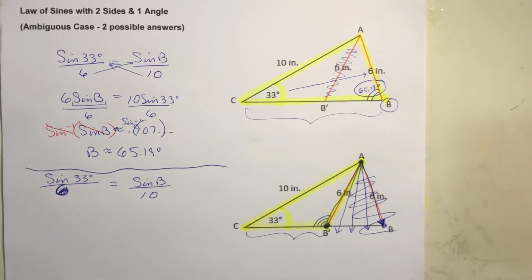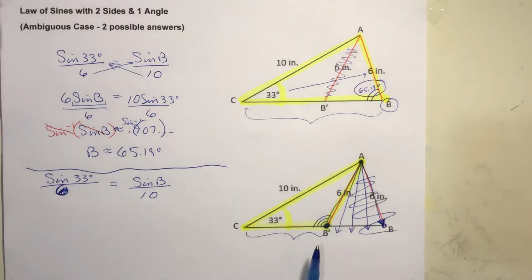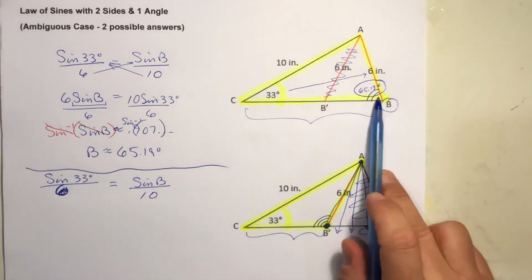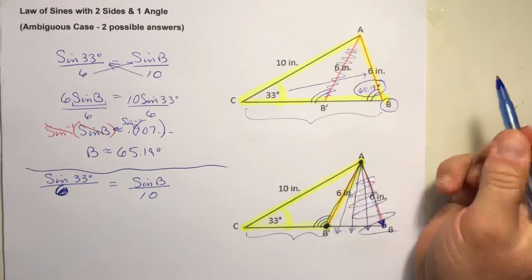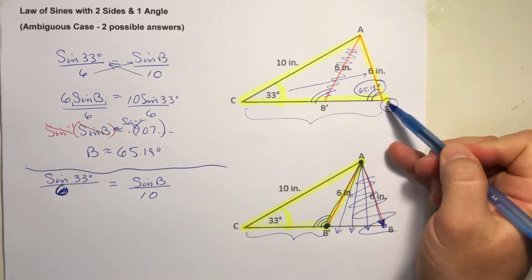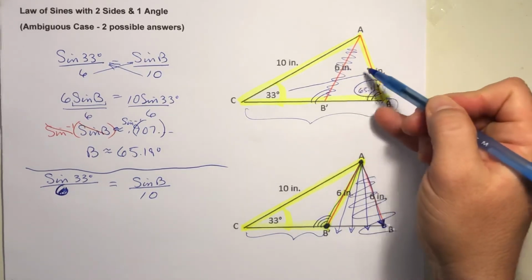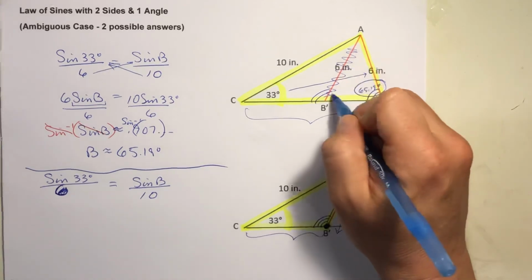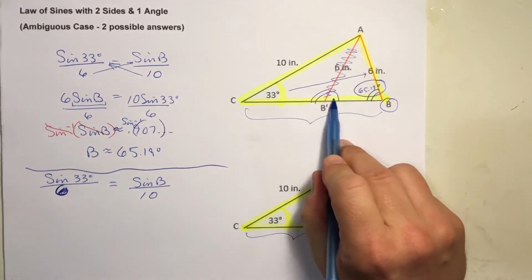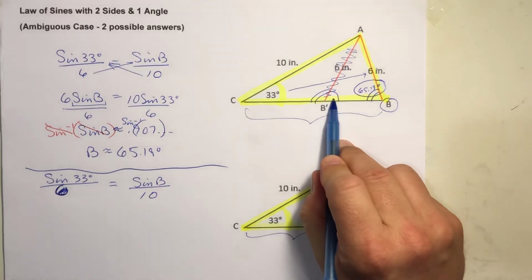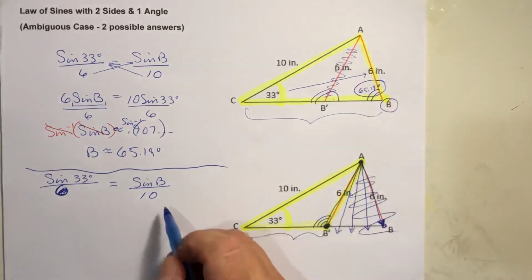But what's pretty cool about this is these two angles, B and this new angle which we're calling B prime, think about it. I think those have to be supplementary, don't they? Because don't we have an isosceles triangle here, 6 here, 6 here? So this angle, which was 65.19 degrees, is also the same here. But then these two angles are supplementary.